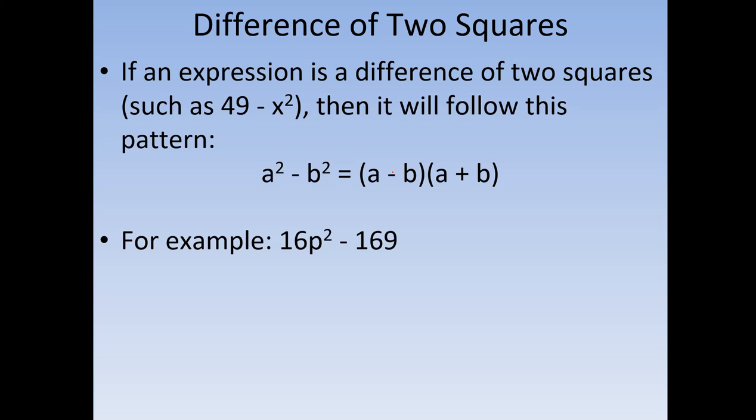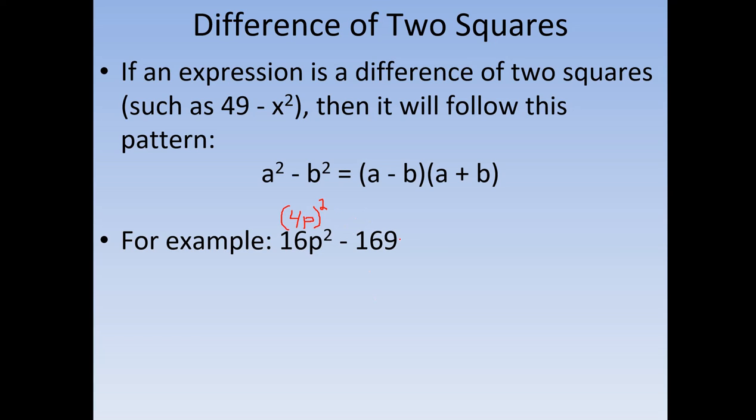So if we have this as an example, 16p squared minus 169, we're going to rewrite this to figure out essentially the square root of each term. 16 is a perfect square of 4, and p squared can be written as p, so this entire thing can be written as 4p, all squared.